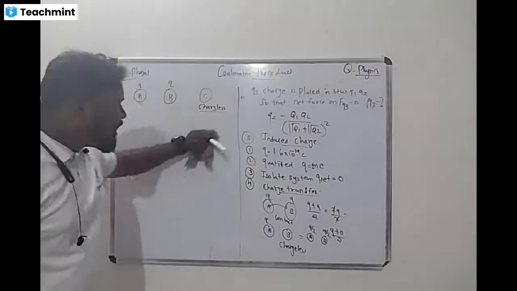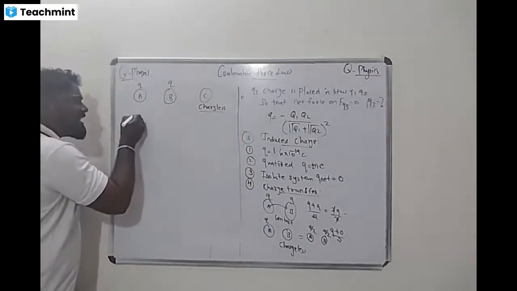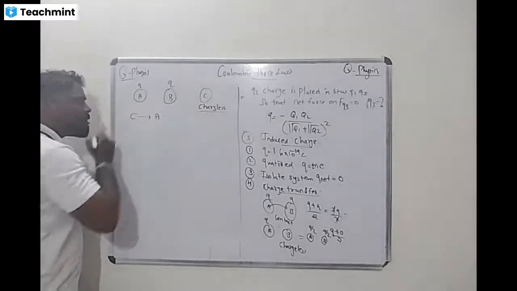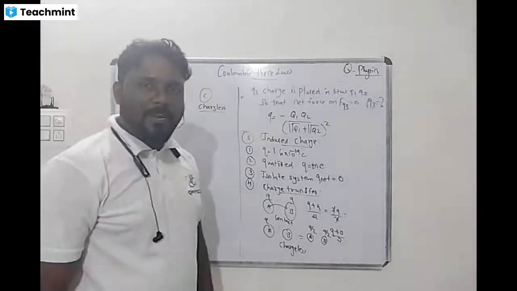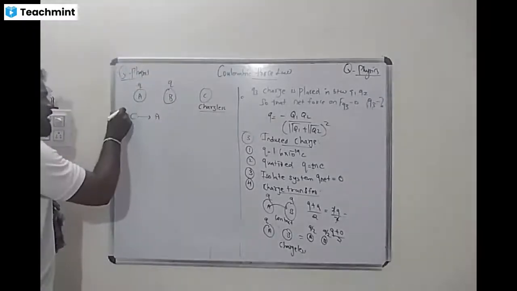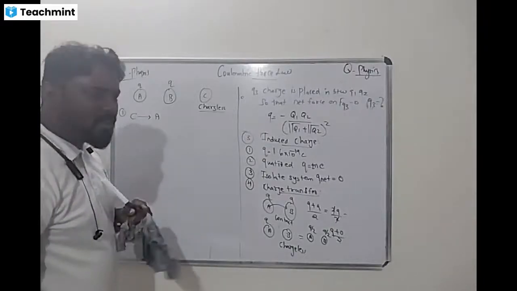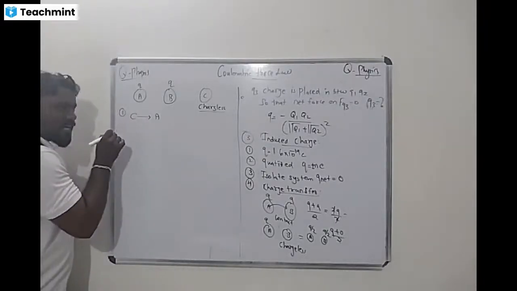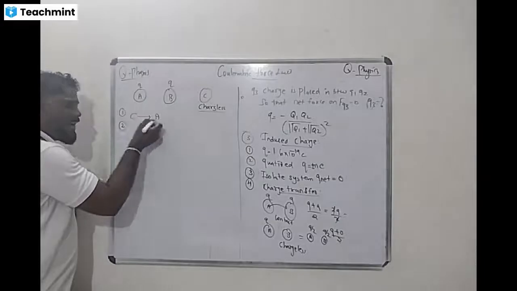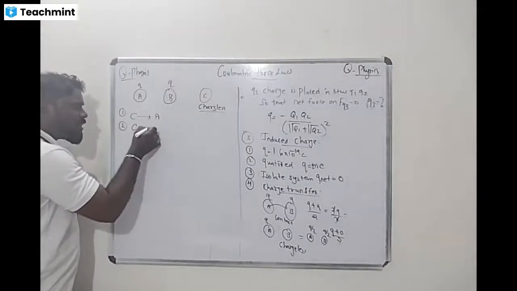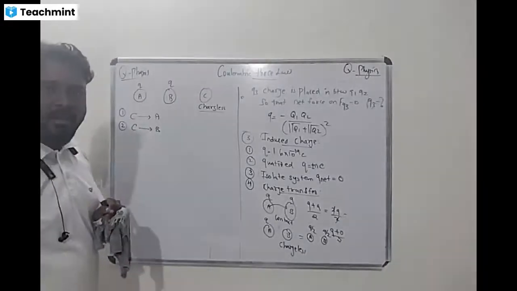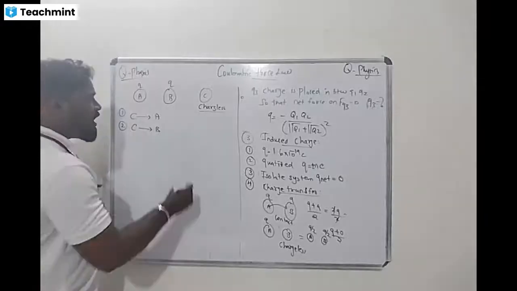What I am going to do first: C is put in contact with A. That is the first idea. Then again C is put in contact with B. That is the second concept.